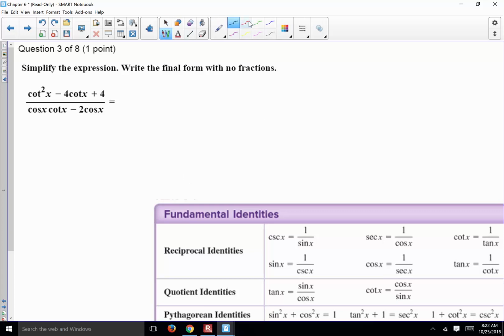One idea is to change cotangents into cosine over sines. Alright, so this one will turn into cosine square over sine square because it has a square everywhere. For cosine over sine, and for cosine x cos x over sine x minus 2 cos x.